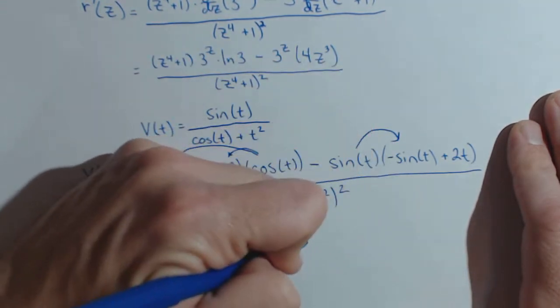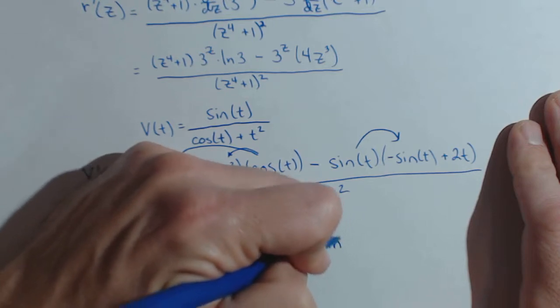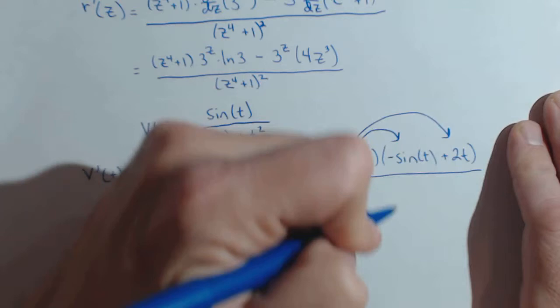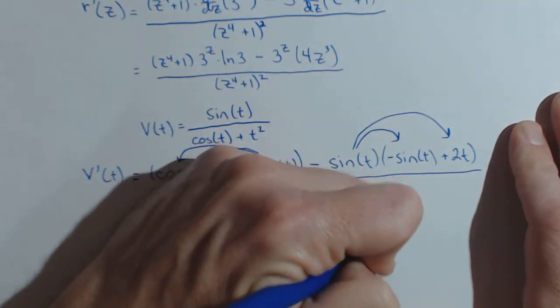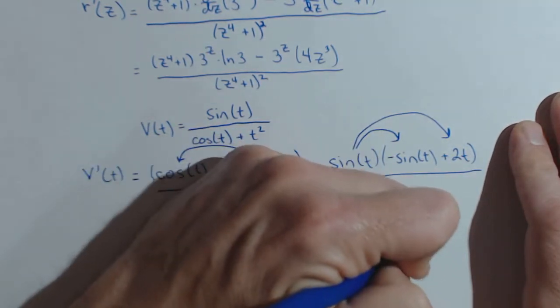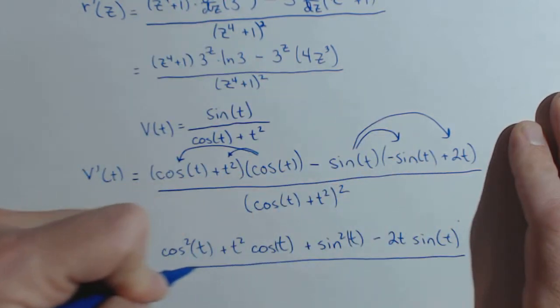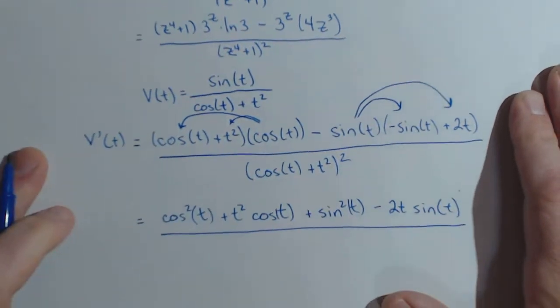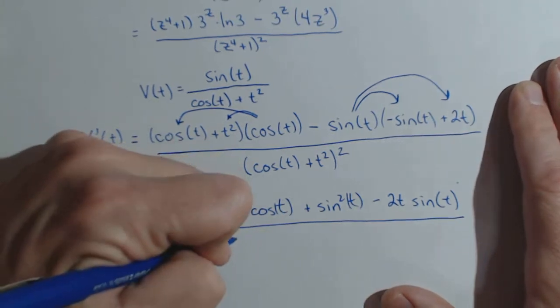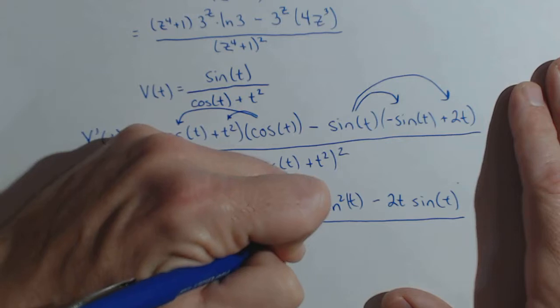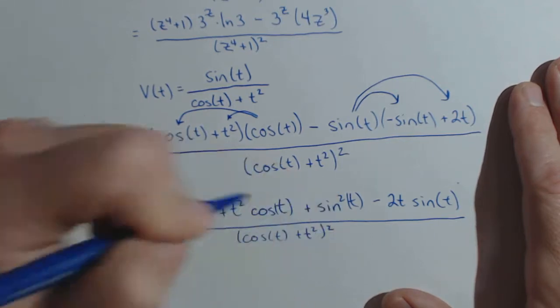Minus sine of t and minus sine of t is a plus sine squared t. And then finally, minus 2t sine of t, all over cosine of t plus t squared, squared.